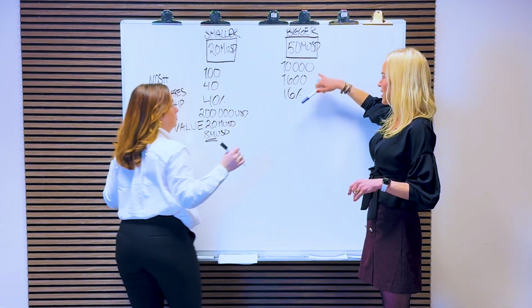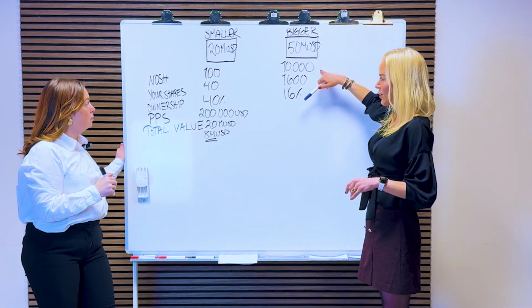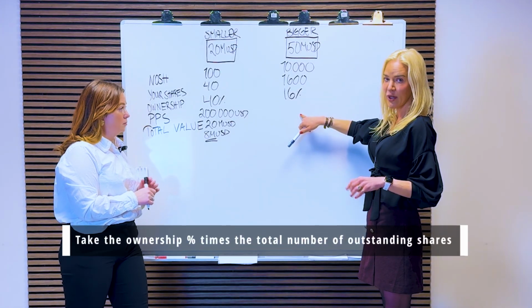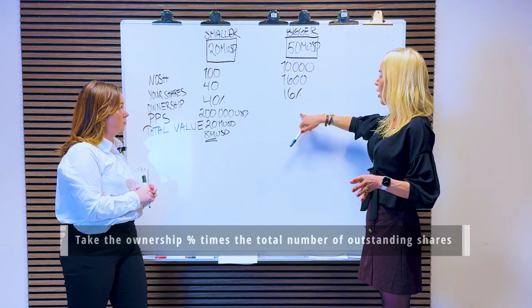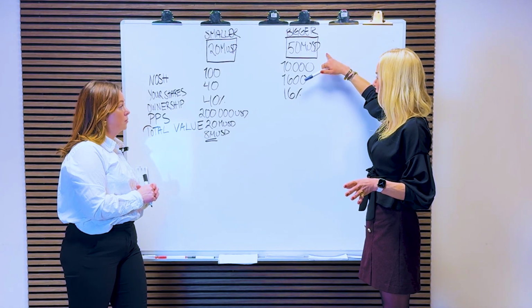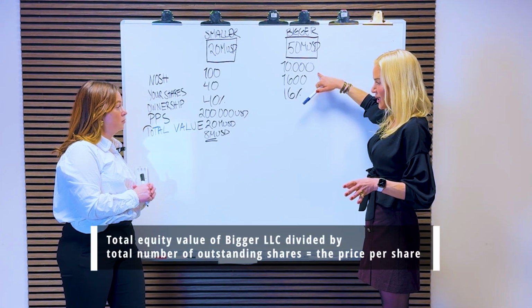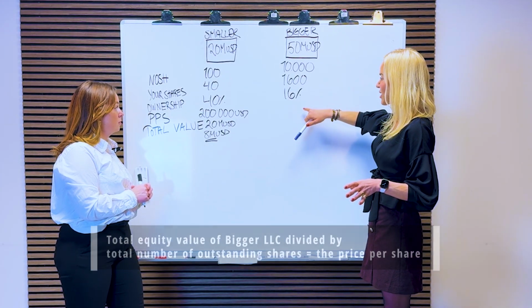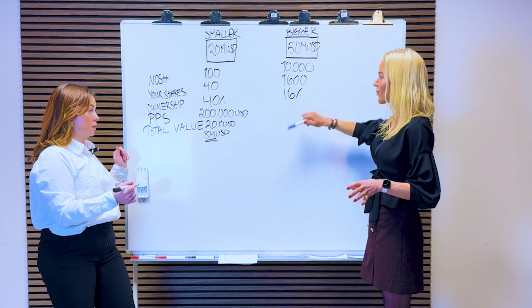So his percentage times the total number of outstanding shares. And in order to find out the price per share in Kurt's company, we take the total equity value of the company divided by the total number of outstanding shares. So 50 million divided by 10,000 shares, and then we get 5,000 US dollars.